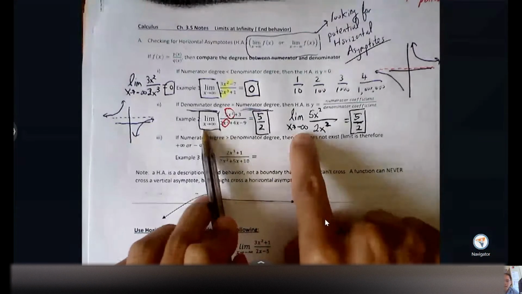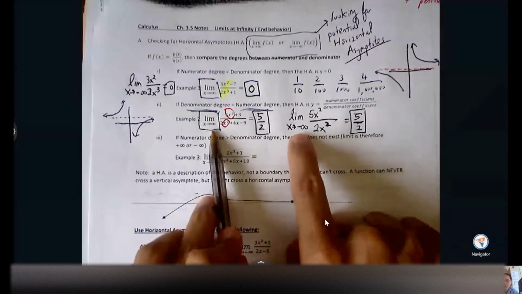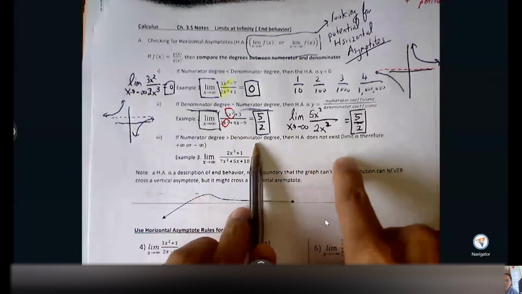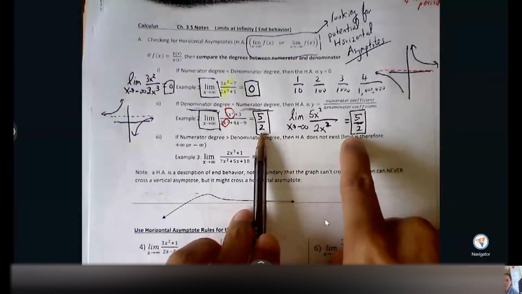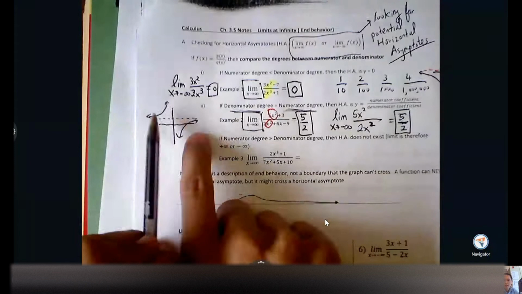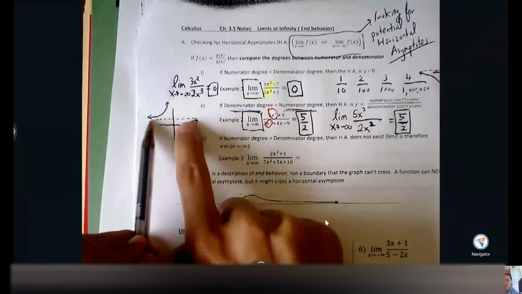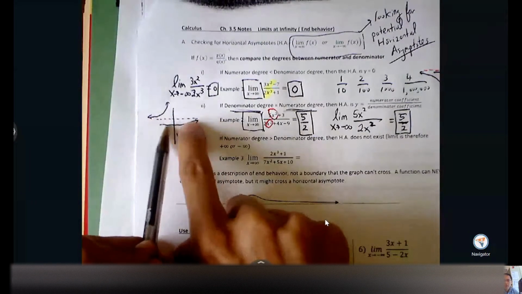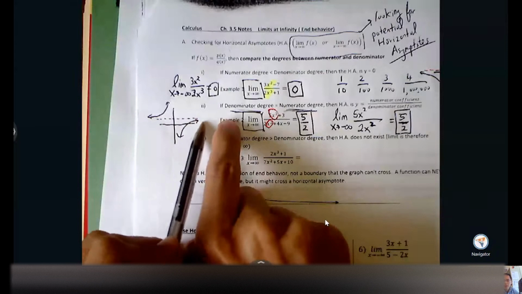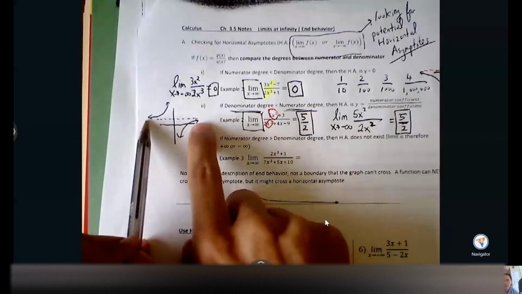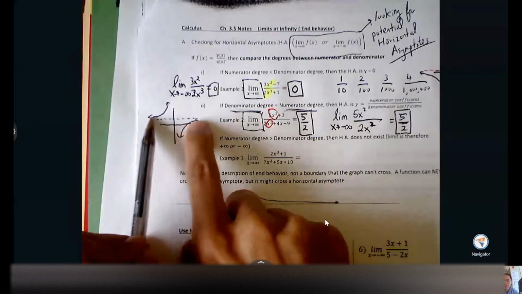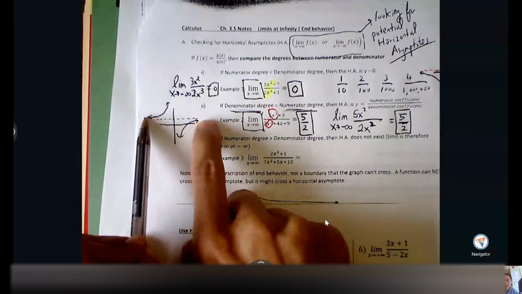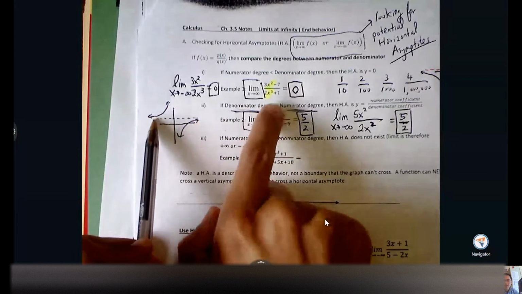It doesn't matter if we're approaching positive or negative infinity. It's just the ratio of the coefficients. So maybe this is what the graph looks like. Here's 5/2. If I'm moving to the left, same asymptote as if I'm moving to the right. Maybe it's coming from different directions, but it's going to level off at the same y value if my degrees are the same.